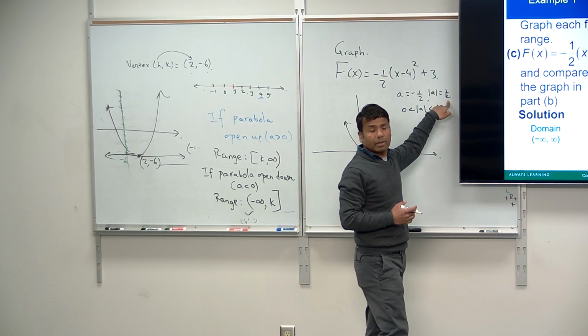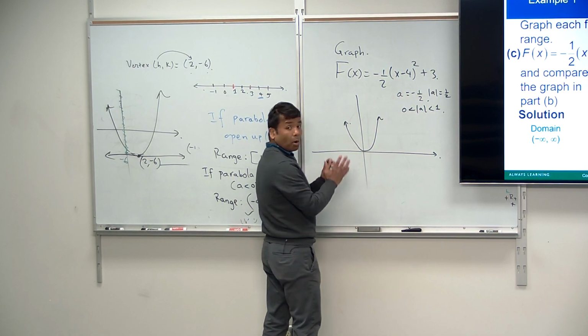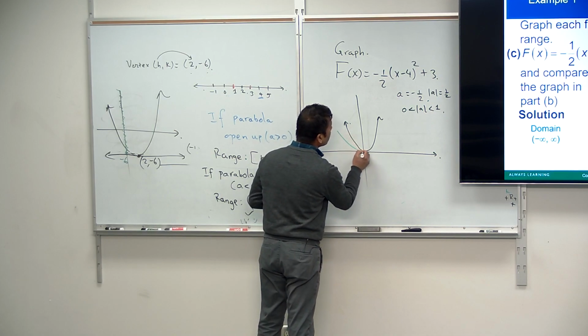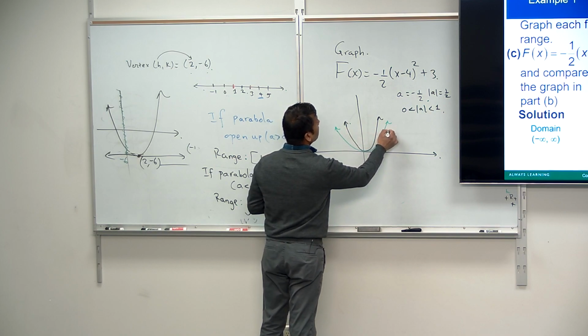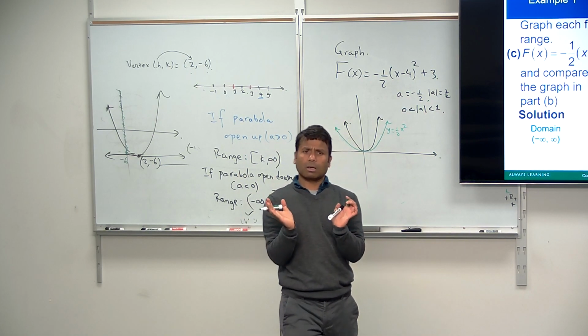That makes sense? So now, if it is vertically shrunk, you see it will be wider. The graph will be wider. So this is going to be the graph of y = 1/2 x^2. It is vertically shrunk.